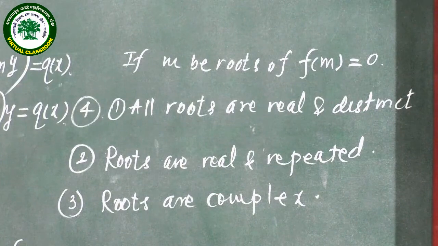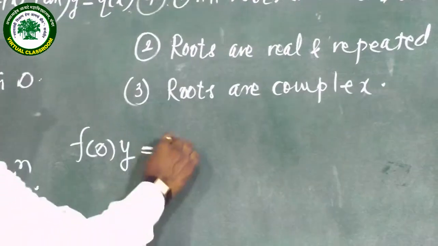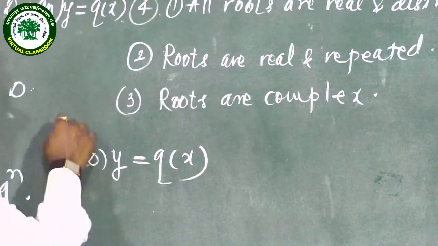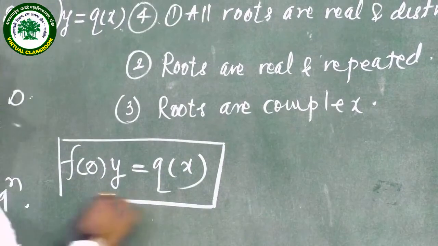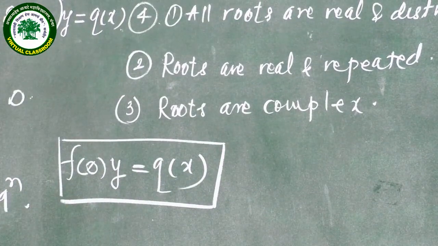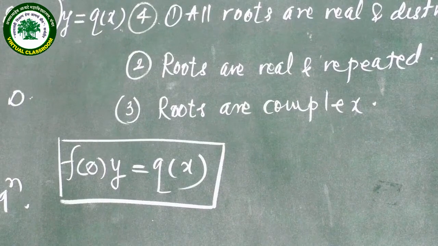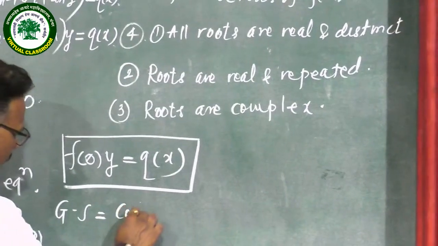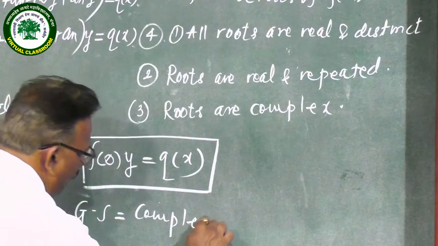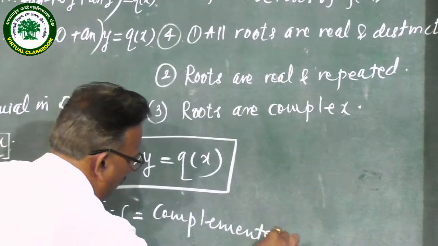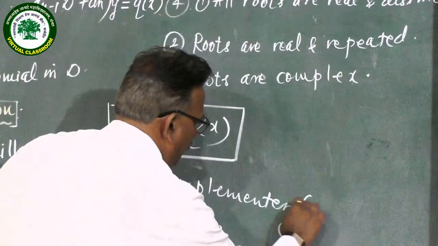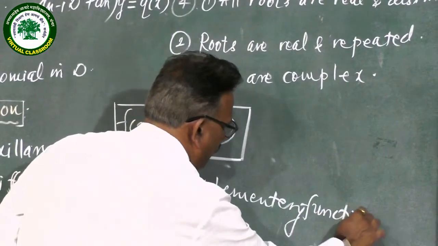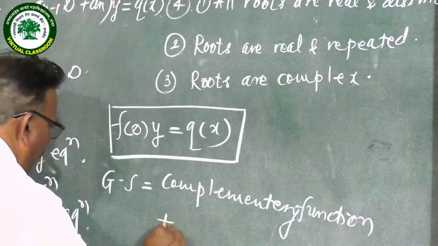Generally, f of D y is equal to Q of x. If this is a linear differential equation with constant coefficients, its general solution is equal to the complementary function plus the particular integral.